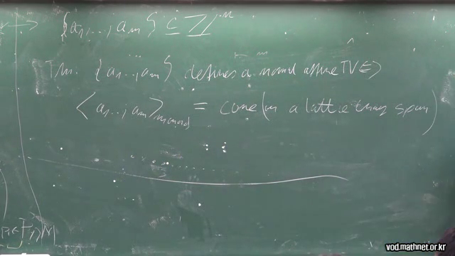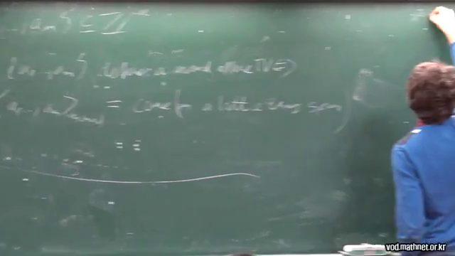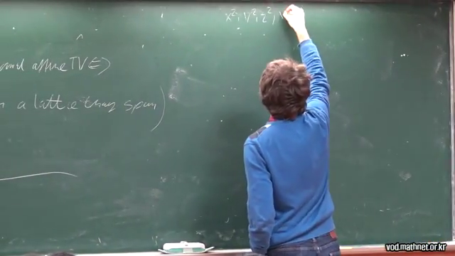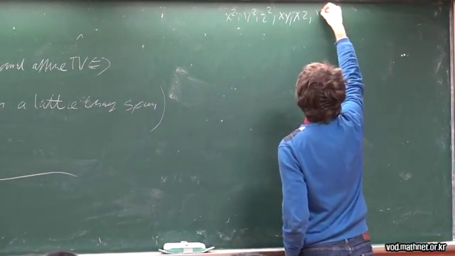Let's go back to Greg's lecture, and let's go back to Veronese. So Greg wrote the second Veronese of P2, and this was given by monomials. So it was like x squared, y squared, z squared, xy, xz, yz.